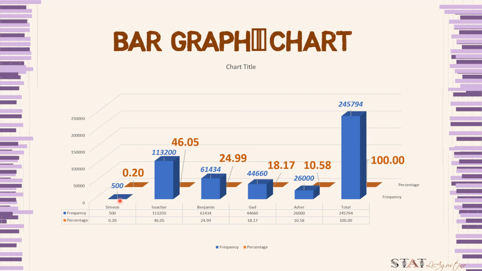The blue one is frequency, and then the orange or brown one is percentage. So that is the bar graph or bar chart. I didn't put the title, so it's not good. I should have put the title of this chart or bar graph.